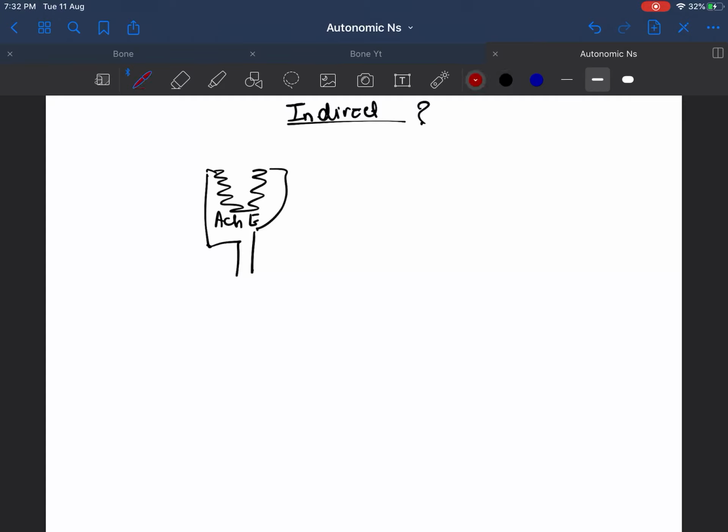So if we inhibit this, then we can increase the duration of action of ACH pharmacologically. Scientists found about 3 types of drugs.